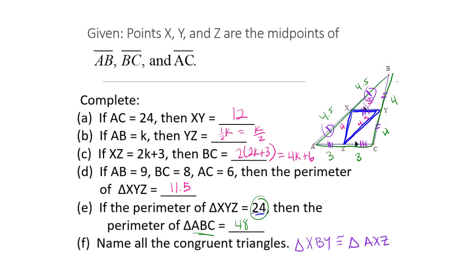Okay, let's see what else. So let's stick with those two. Oh, and I forgot to do these two, right? I didn't actually do side, side, side. Let's double check one more time. So this is 4 and this is 4, so that means those must be congruent as well, right? So yeah, it is side, side, side.